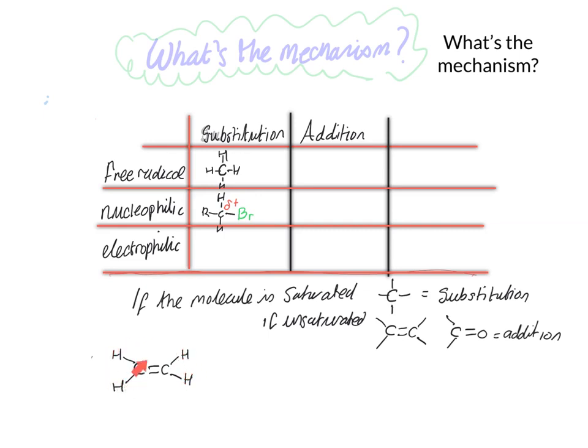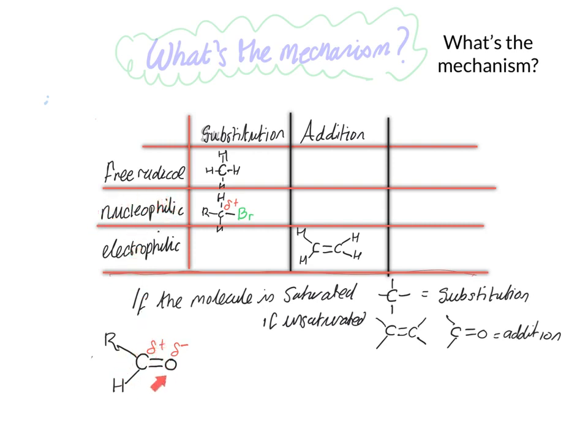Ethene has got an electron-rich area, and therefore it's going to be attacked by electrophiles. It's unsaturated, so we can add something else, so it's going to be addition. An aldehyde has got an electron-deficient atom because of the electronegative oxygen, and therefore it's going to be attacked by nucleophiles.